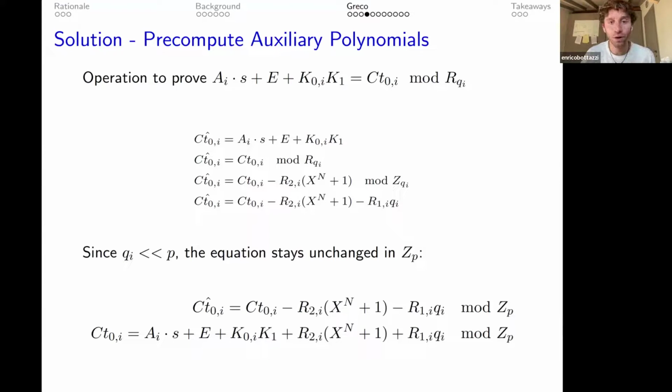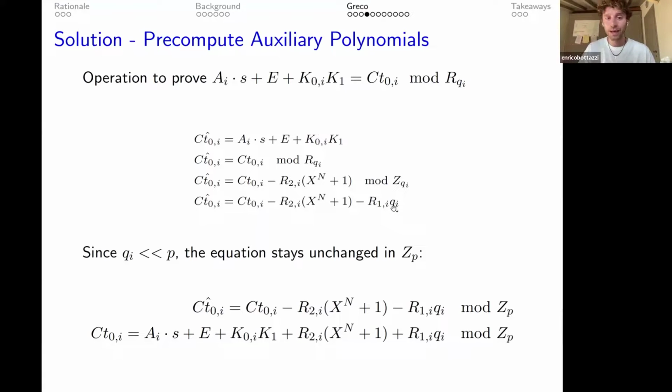So in order to overcome this issue, we modify a bit the definition of our ciphertext polynomial by introducing two auxiliary polynomials. We are embedding these two auxiliary polynomials, R2 and R1, inside the polynomial definition to replace the need to perform this modular reduction. And here you see how we replace this reduction by this expression, and we replace this reduction by this expression.